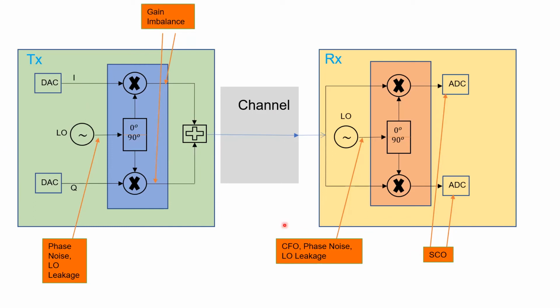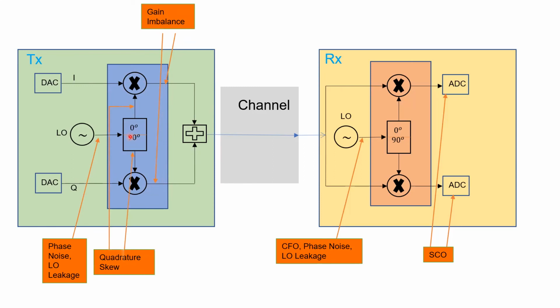Then when we are doing the multiplication at these ends, ideally we think that this is the gain of this branch, and similar is the gain of this branch. Let's say this one is the I branch or in phase branch, and this one is the Q branch or quadrature branch. But they need not be equal, so that introduces gain imbalance.